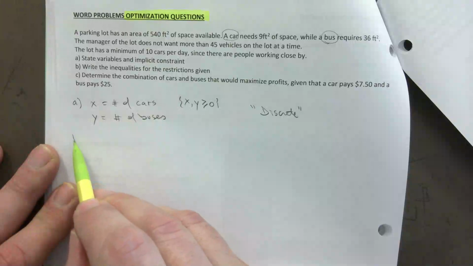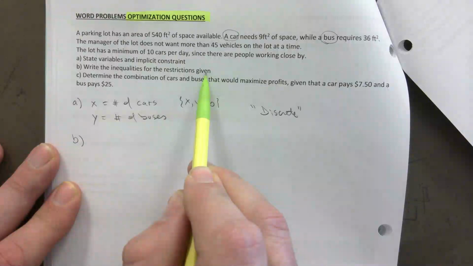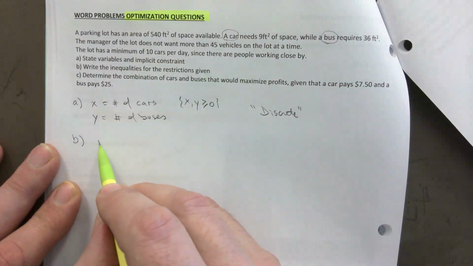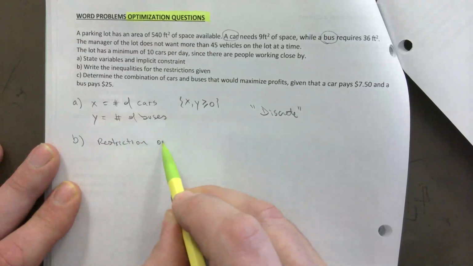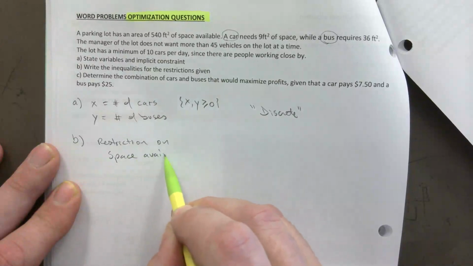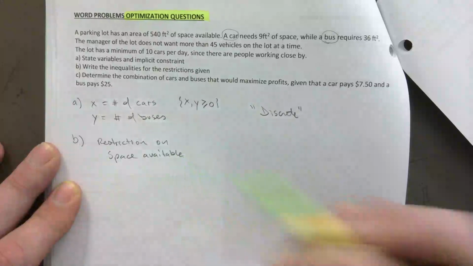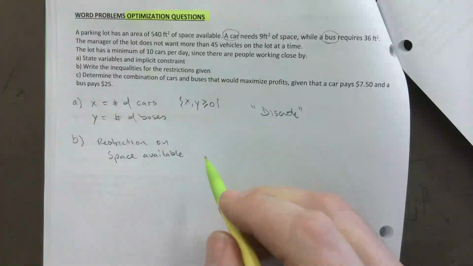So let's do the hardest part now. Write the inequalities for the restrictions given. There's the restriction on space available, right? You cannot have more than 540 square feet taken up. Like if you need more than that, you're in trouble. There's not enough space.